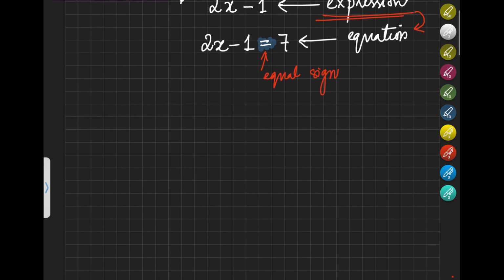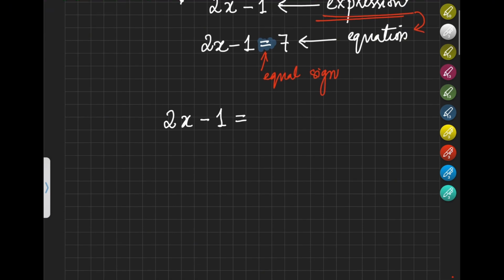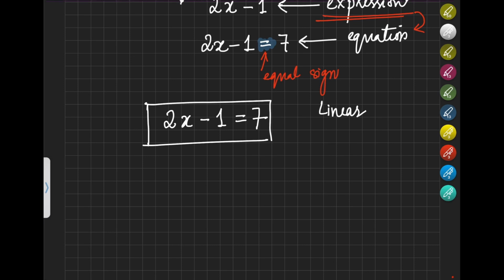Now let's see, if you have 2x minus 1 is equal to 7, we call this a linear equation in one variable. This is what we call these types of equations.